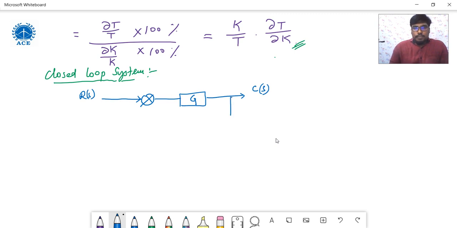Now we have a feedback here, taken as H(S) or H. This is negative feedback here. So the overall gain or transfer function is given by G/(1 + GH) due to the negative feedback, right.